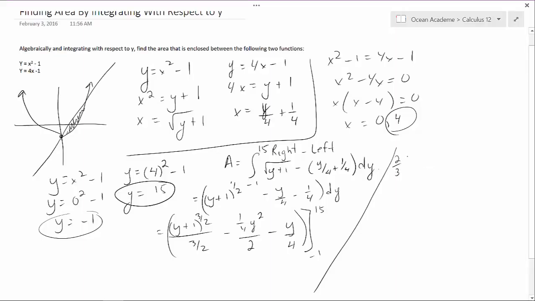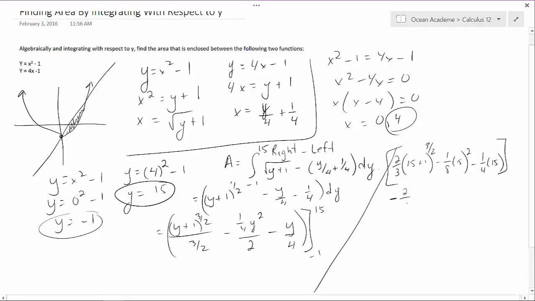So this will read 2/3, 15, our upper limit, plus 1 to the 3/2, minus 1/8 times 15 squared, minus 1/4 times 15. So that's our upper limit, and we're going to subtract our lower limit.